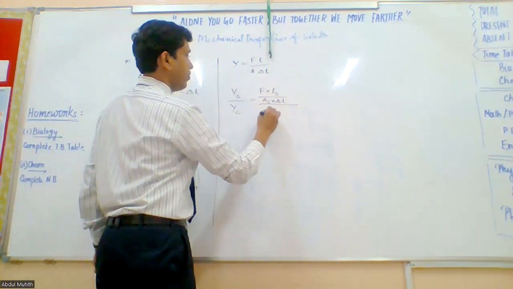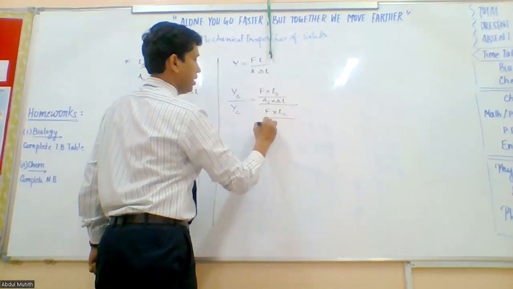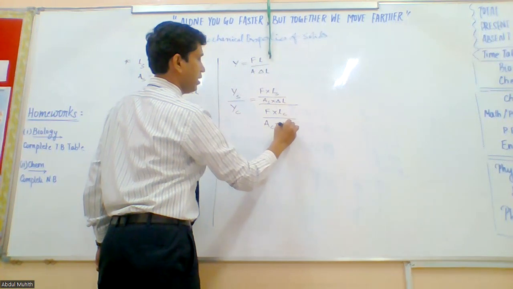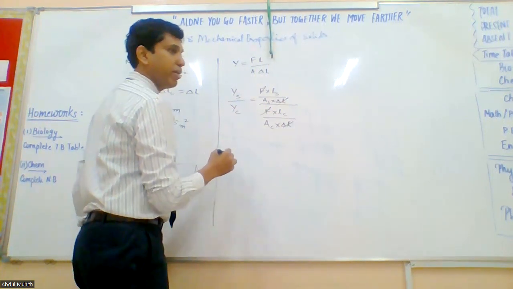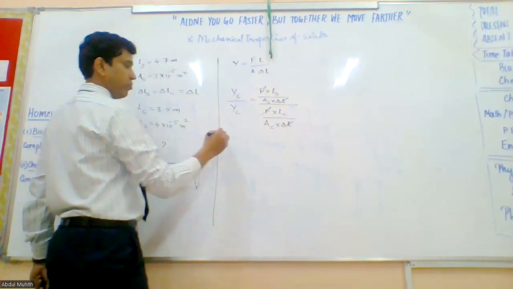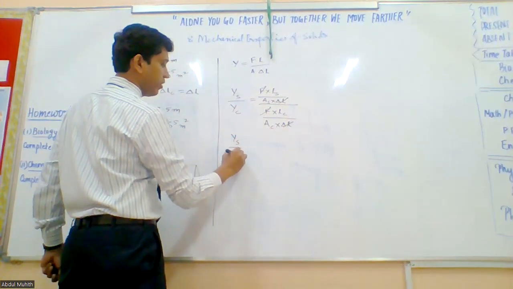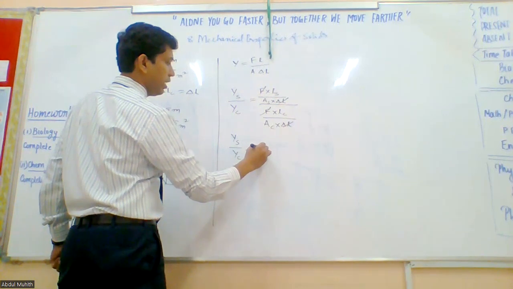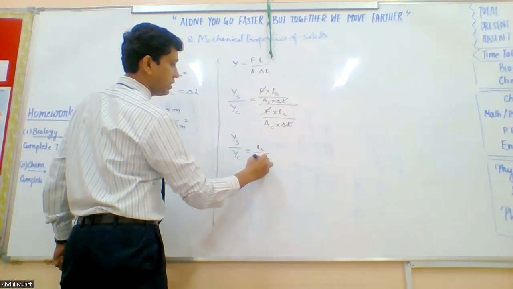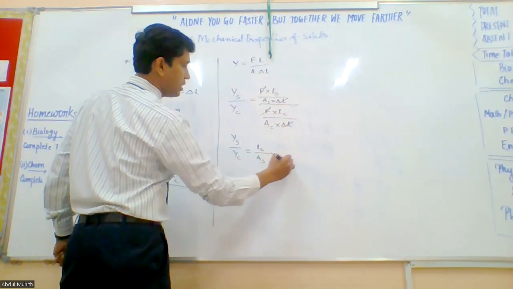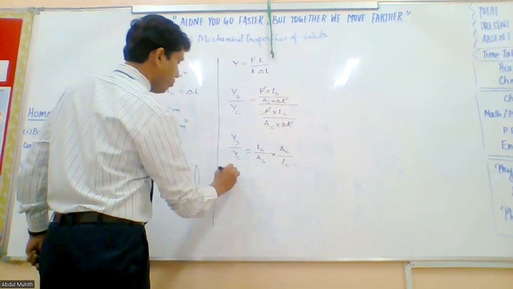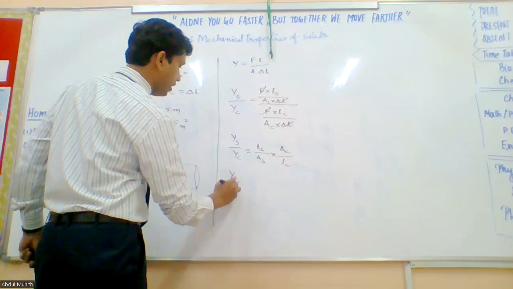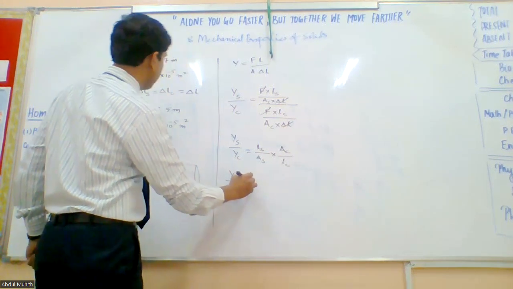F into LC divided by AC into delta L. F goes away. So YS by YC equal to LS by AS into LC into AC. Understood now?